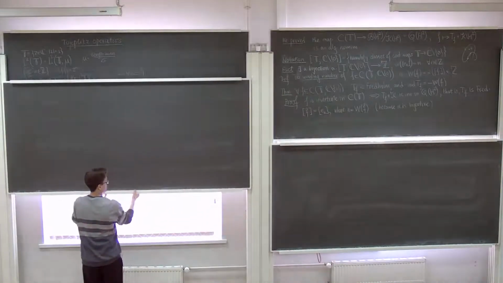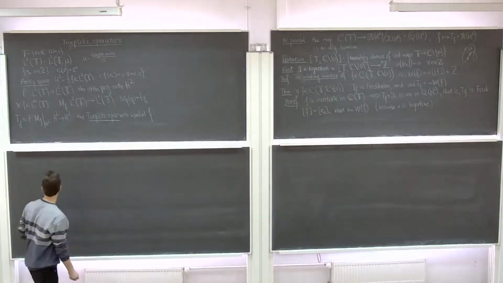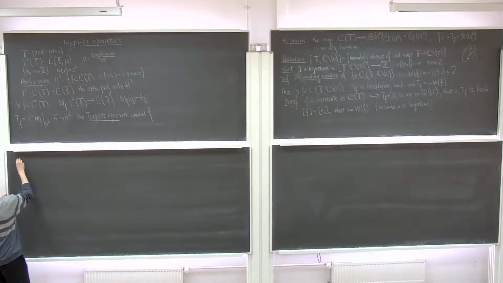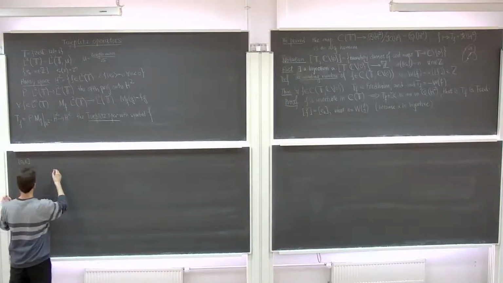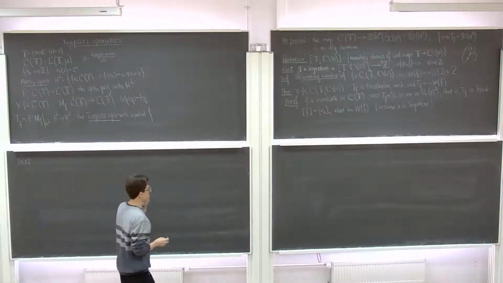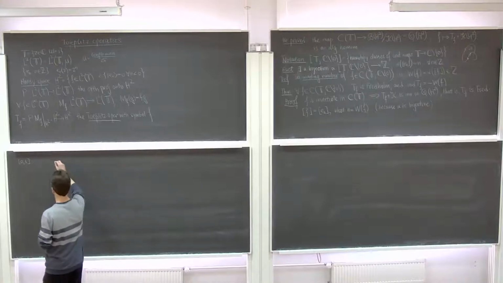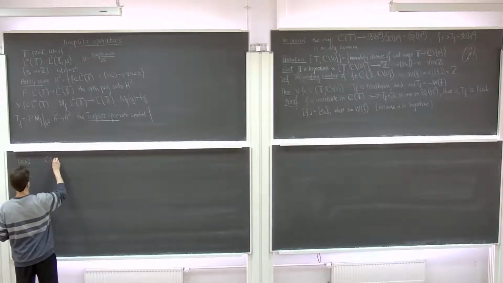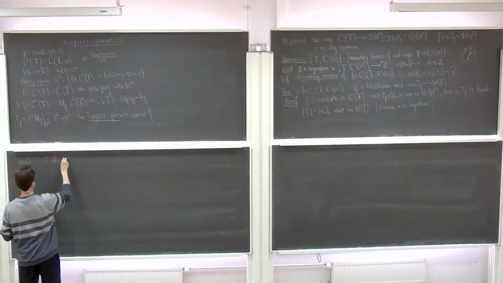So we could draw the following picture. This is the interval from 0 to 1. And here we can consider this space of nowhere vanishing continuous functions on the circle.